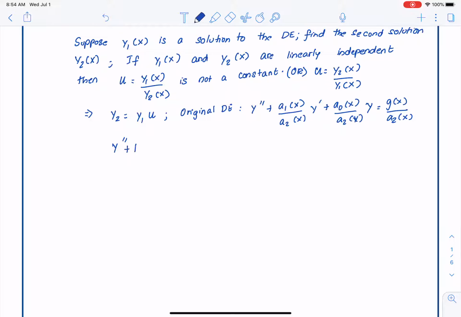And I could call the second term p and the third q times y. For the purposes of reduction of order, we want g of x to be 0.